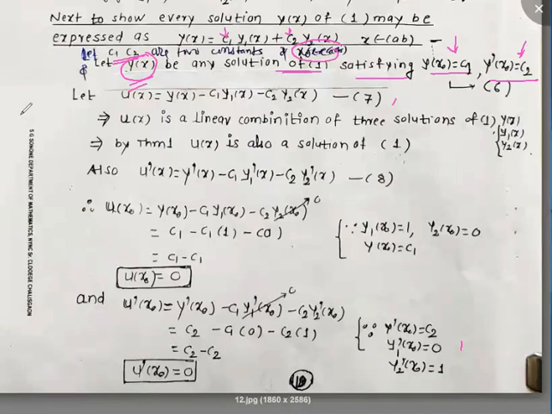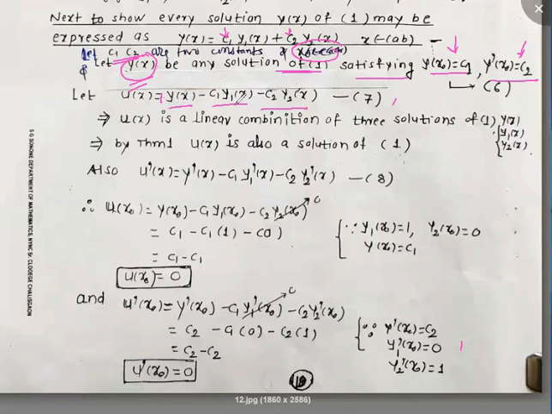Now, let u(x) denote y(x) minus C1 y1(x) minus C2 y2(x). What is this? It is 1 times y(x), minus C1 times y1(x), minus C2 times y2(x).